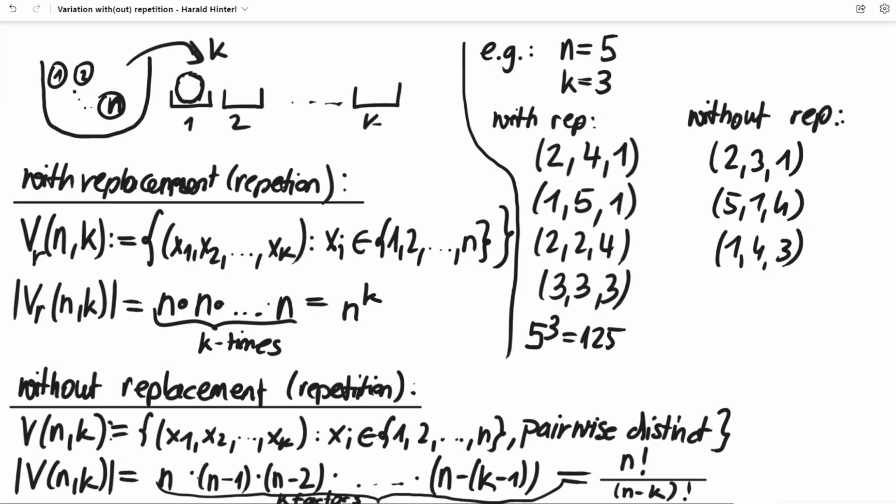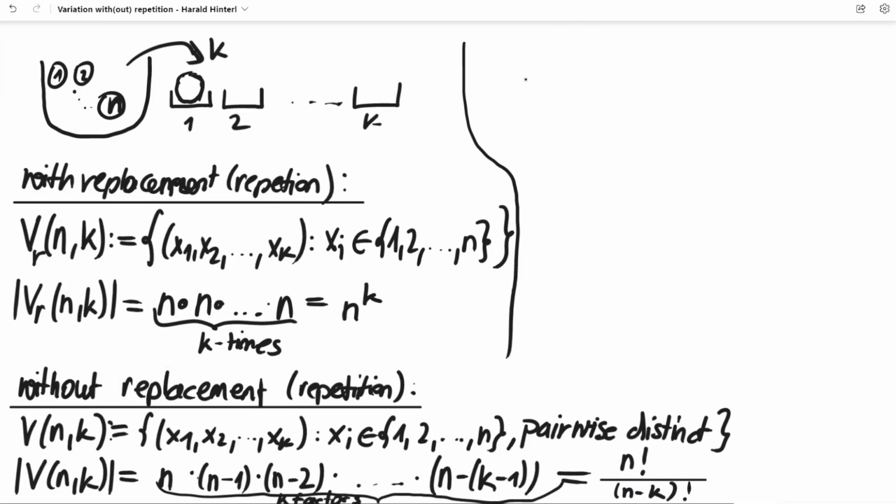So we have to consider 2 particular cases. That's why I have deleted this example. So in particular, what if k is equal to n? What does this mean? I take all of the n balls out, and in addition, I do not replace.